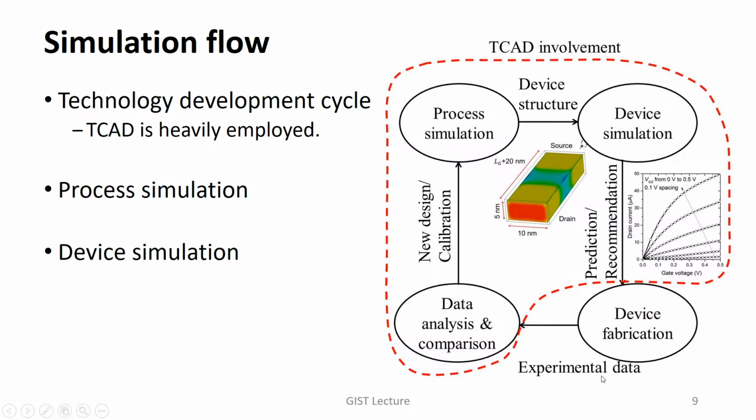And let's assume that this experimental data does not meet the criterion for our technological goal. Then what should we do? Since the target goal is not matched, we have to change a certain procedure to make our transistors. Then which one should be changed, or how much should a parameter be changed?